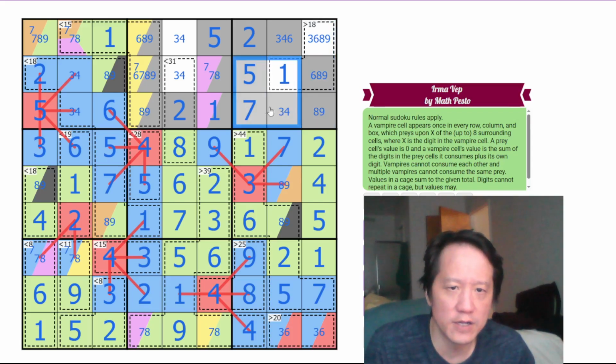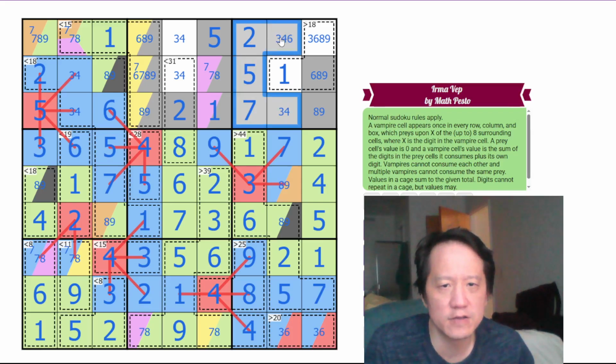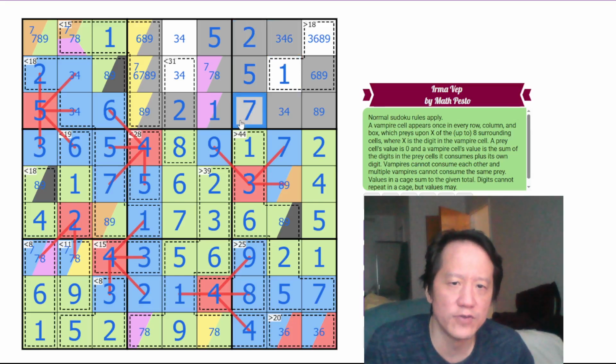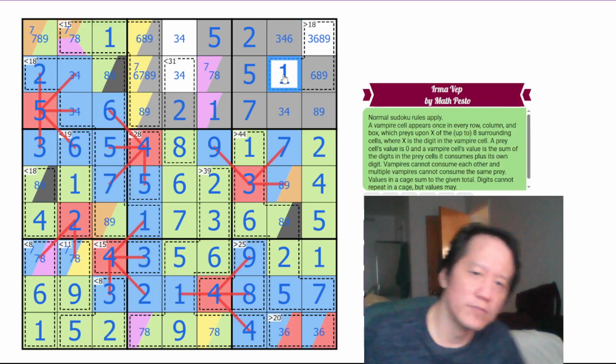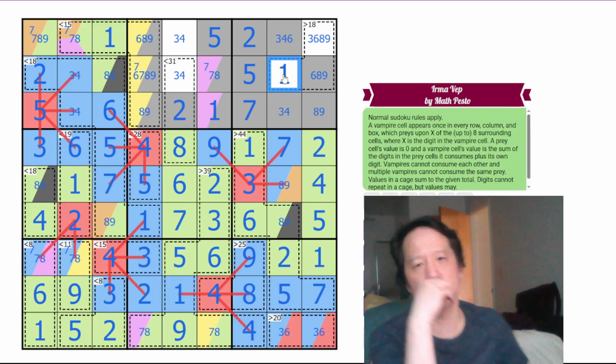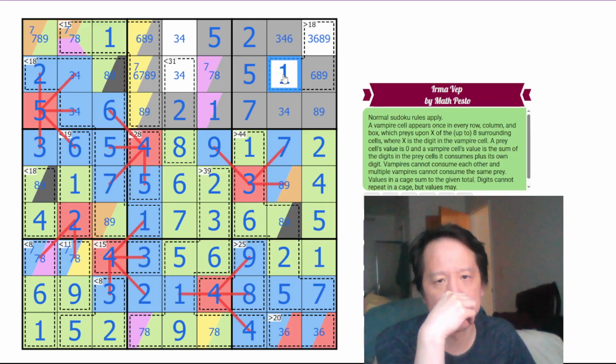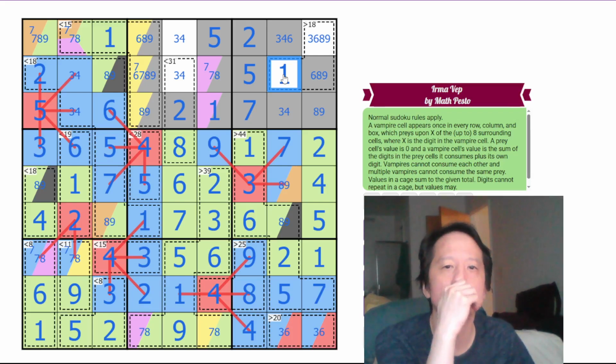It could prey on any of these cells, and that would still be fine. I mean, it could be prey on this 1, 7, and 3, 8 work, right? So, 3, 6, and 9.